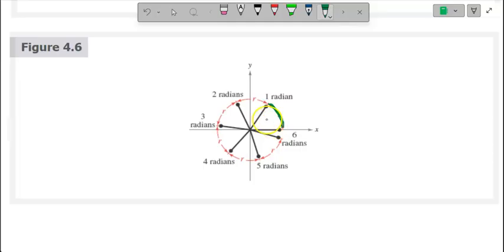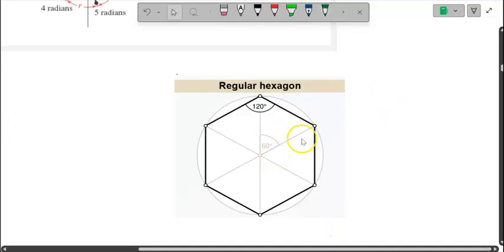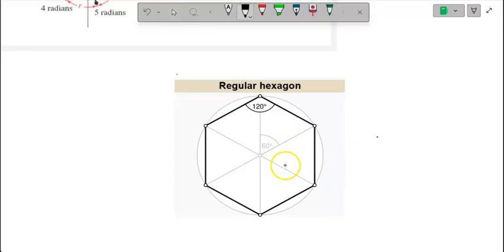By the way, if I had drawn this radius r and this radius r and this distance r, then I'm going to get a regular hexagon. However, we are not counting the distance between the two points. We are counting the length of the arc, and this is obviously longer than r, right?